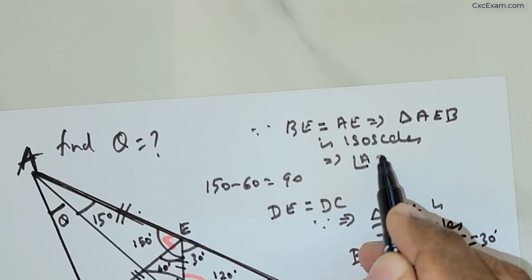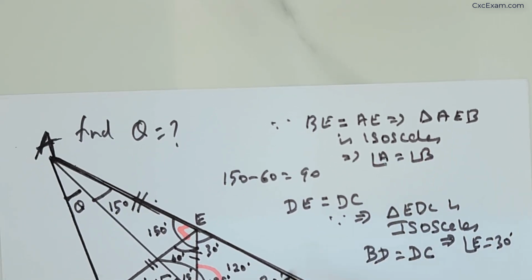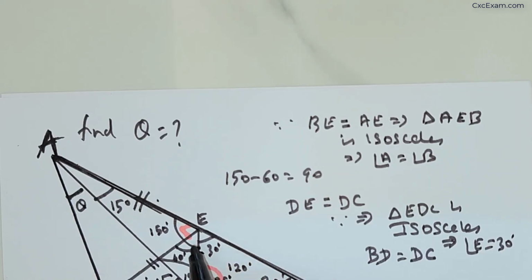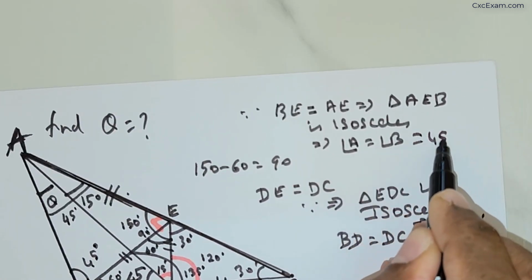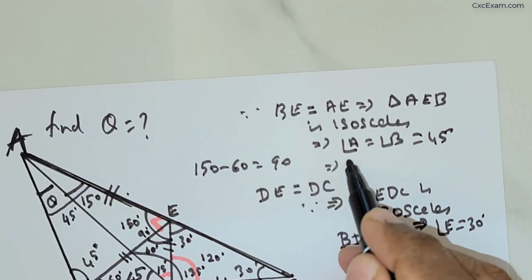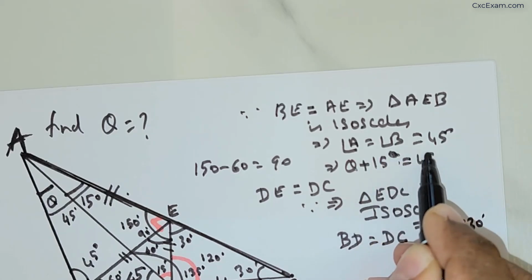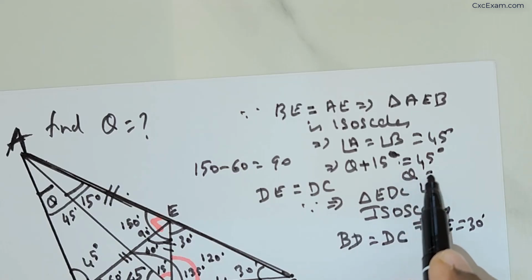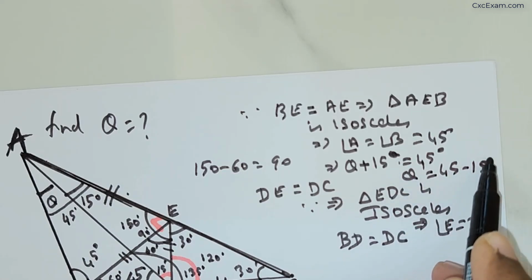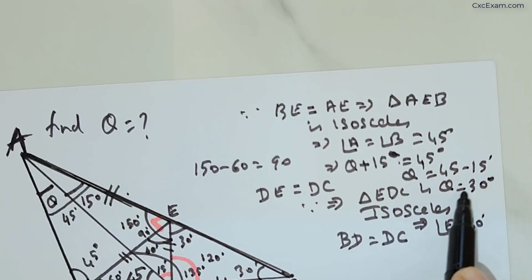So this in turn would mean angle at A will be equal to angle at B. This is 90 degrees, right? So this is going to be 45 degrees and this is going to be 45 degrees. So angle at A is theta plus 15 degrees, equal to 45 degrees. So theta is 45 minus 15, therefore theta is equal to 30 degrees.